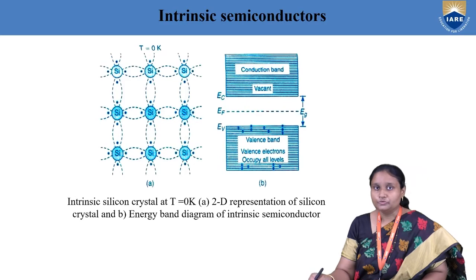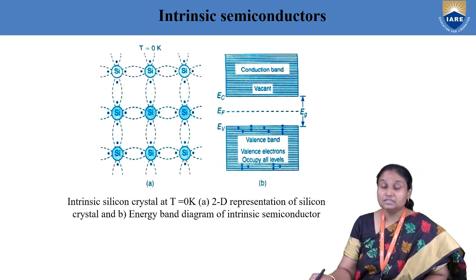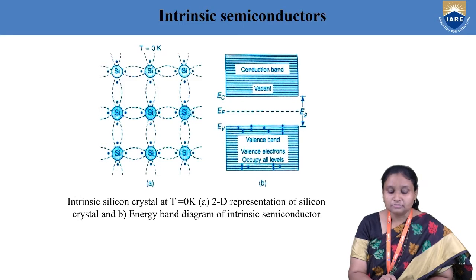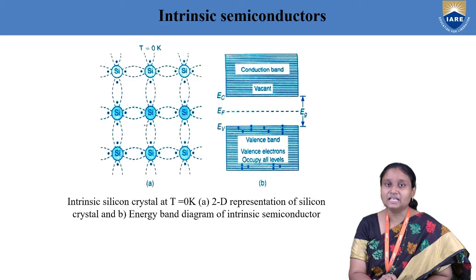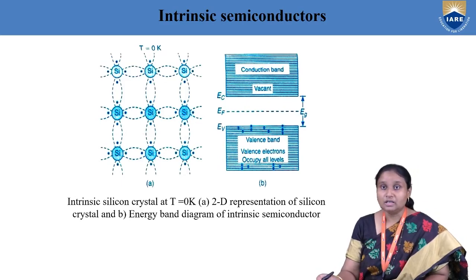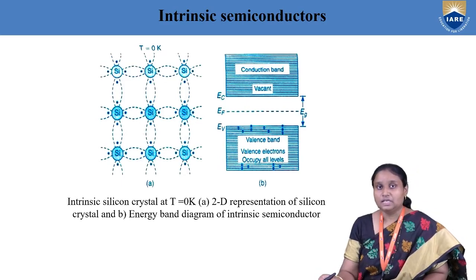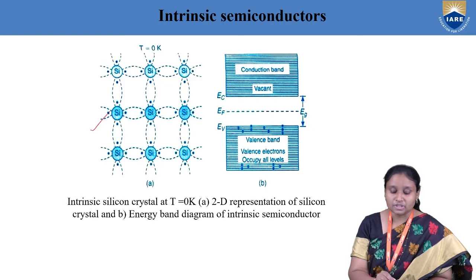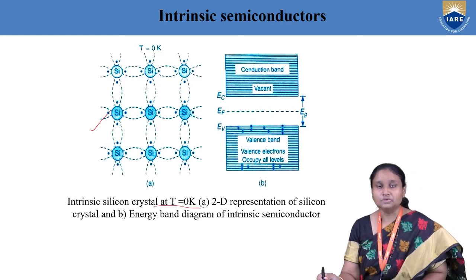Each silicon atom's 4 valence electrons form 4 covalent bonds with adjacent silicon atoms in order to attain octet configuration. Because the electrons are taking part in bond formation, there are no free electrons. So that's why intrinsic semiconductors are insulators at T equal to 0 Kelvin.